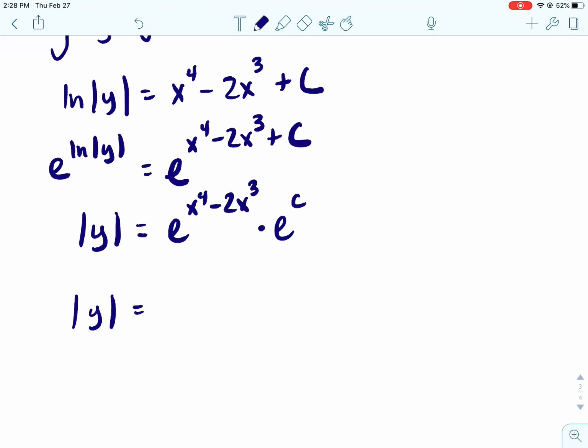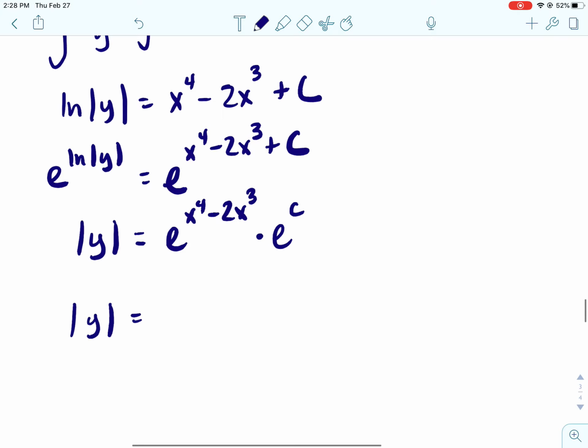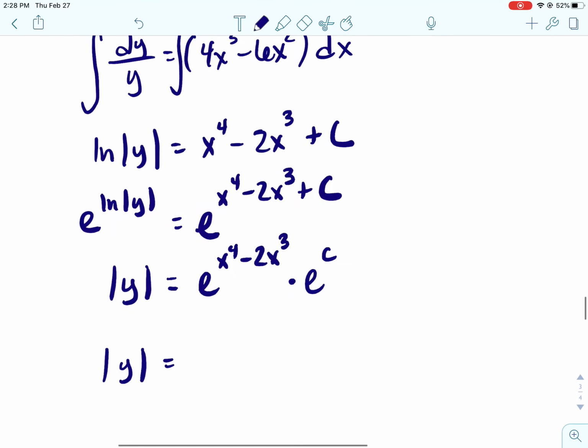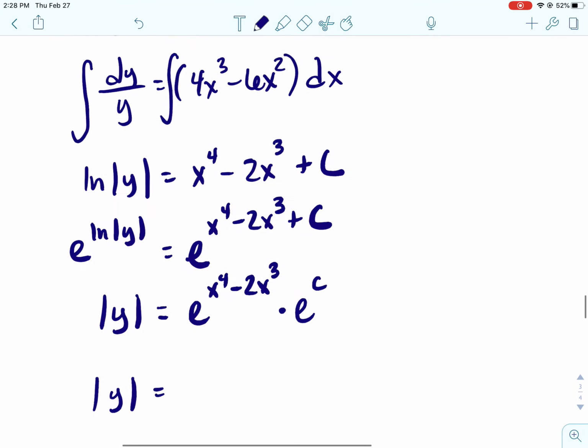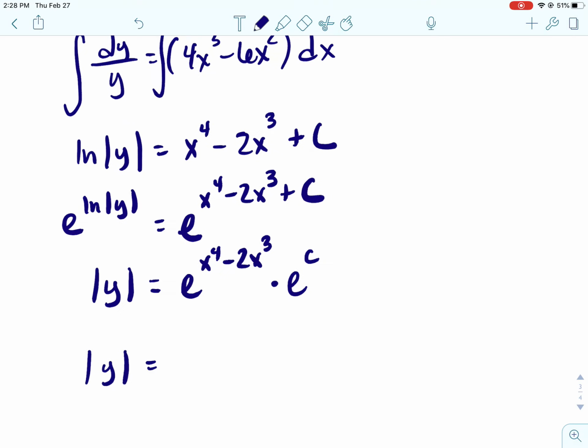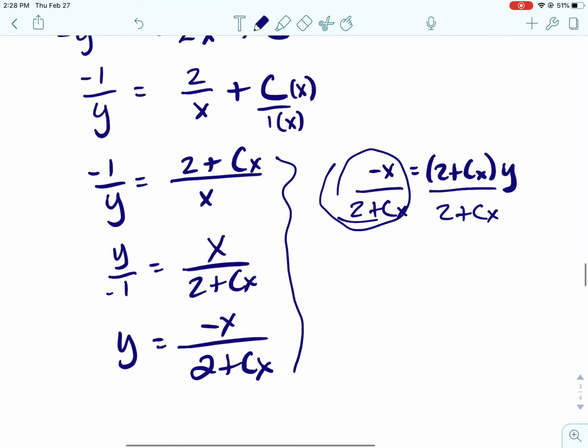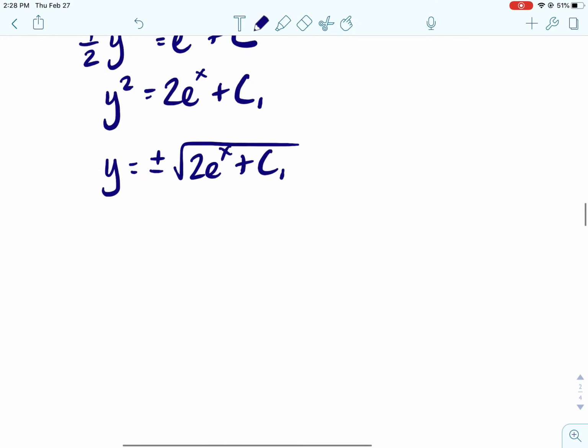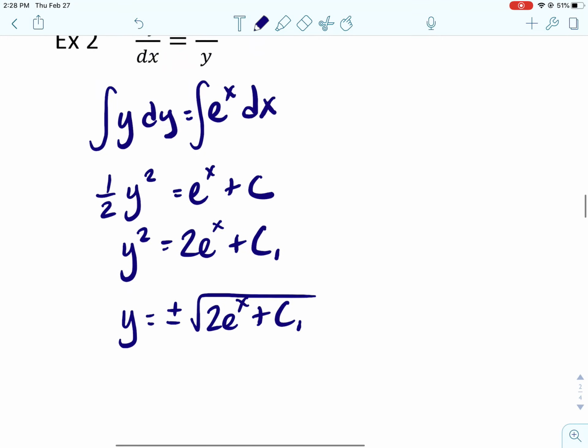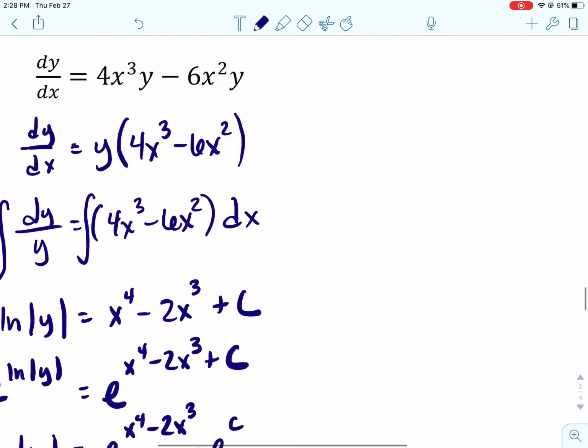Y'all okay? So when you do something to the constant from the original, that changes it to a different constant. That's the only time you have to do it. We've only had to do that one time so far, and that's when I multiplied a constant by 2, so I just said that was a different constant.